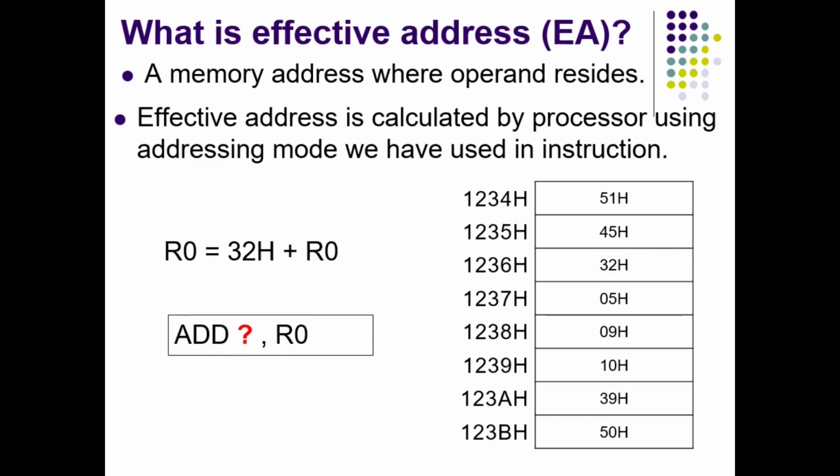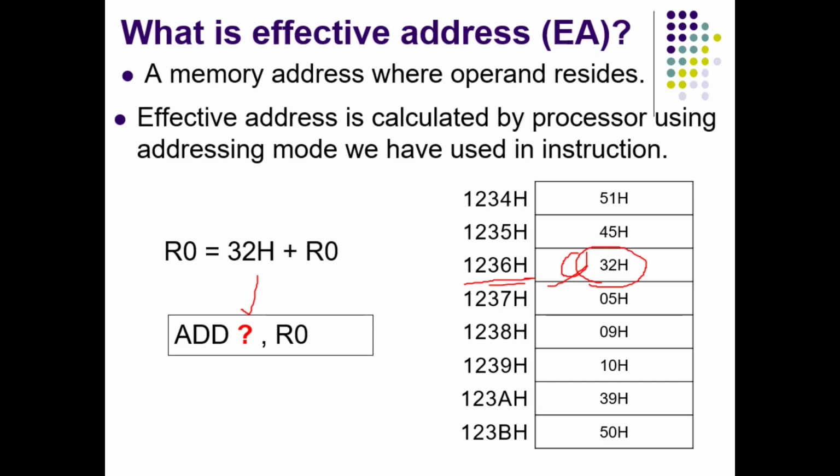Various addressing modes allow me to refer to this 32H in the memory by making use of the effective address. If I write the effective address directly here in the first operand field, then the processor need not calculate anything, just copy that effective address, send it to the memory and get the 32H data.